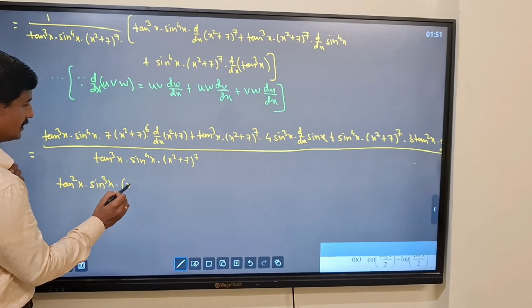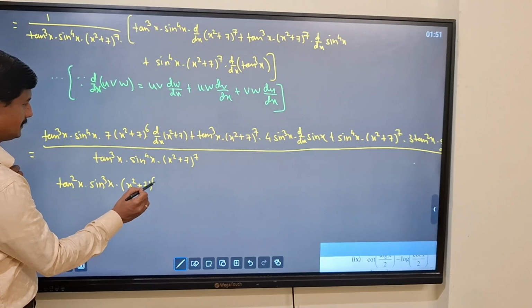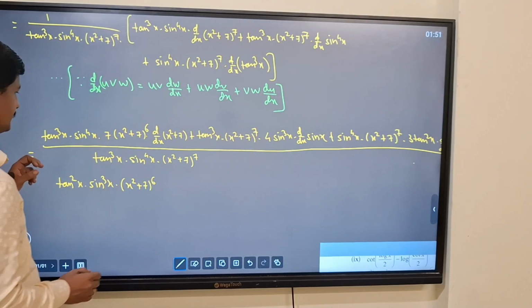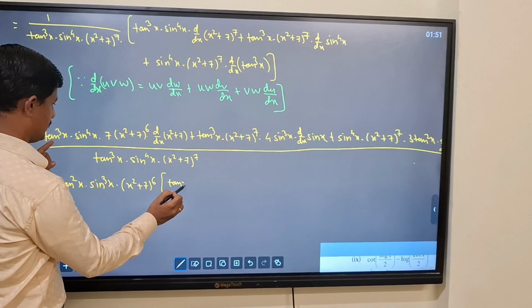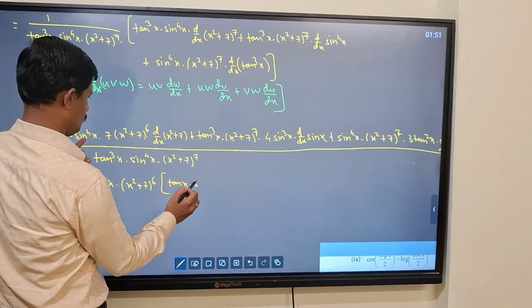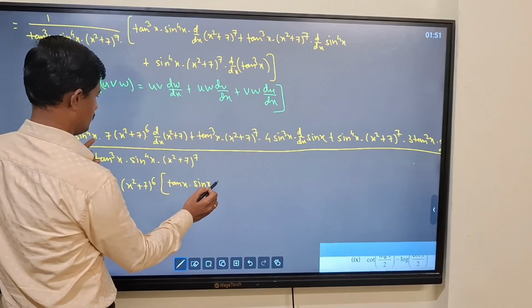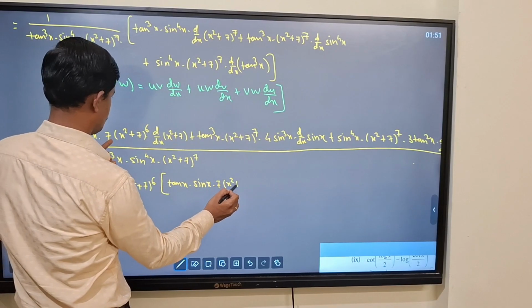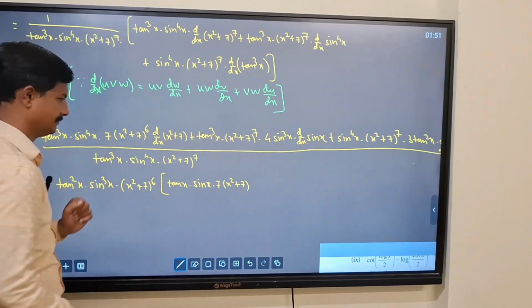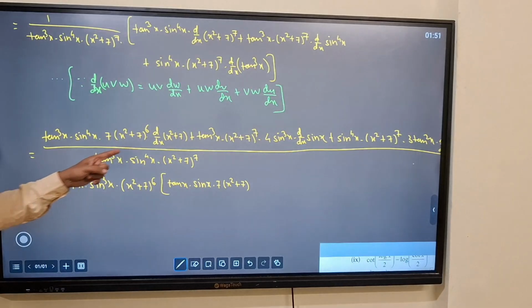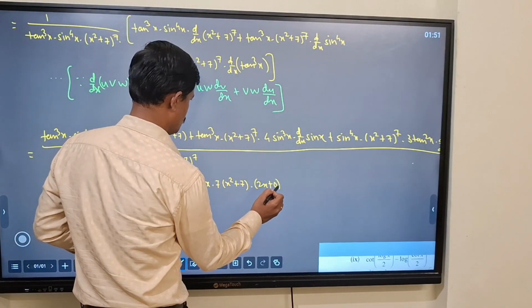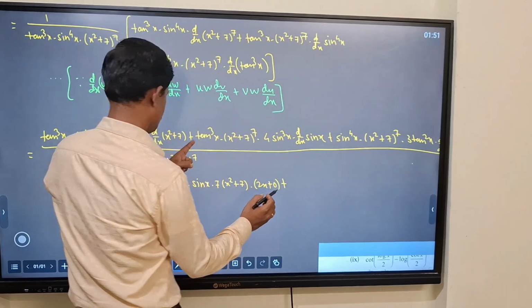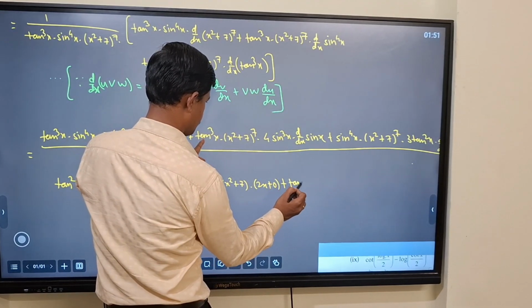So I will take x square plus 7 raised to 6 as common. So in the bracket here remains tan x into sin x into 7 x square plus 7, into differentiation of this, 2x plus 0, plus here remains tan x.